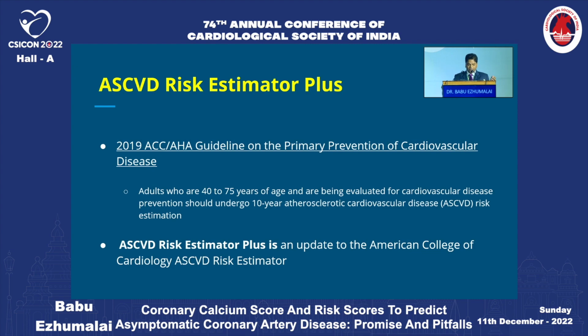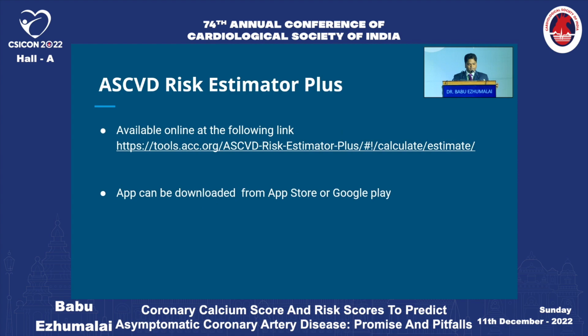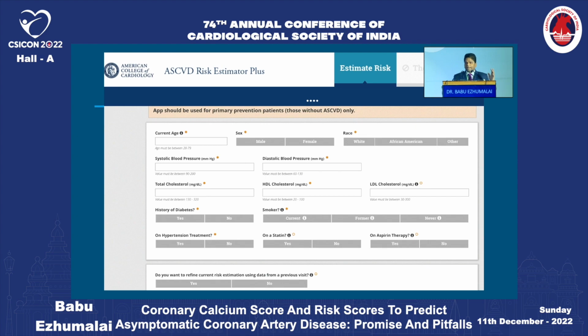Initially it was the ASCVD risk estimator; now it has been updated as the ASCVD risk estimator plus, available online. At the first visit we can estimate the risk and initiate therapy, and at the follow-up visit we can reassess ASCVD risk using this. It can be downloaded from the App Store or Google Play, and I think all cardiologists should have this app.